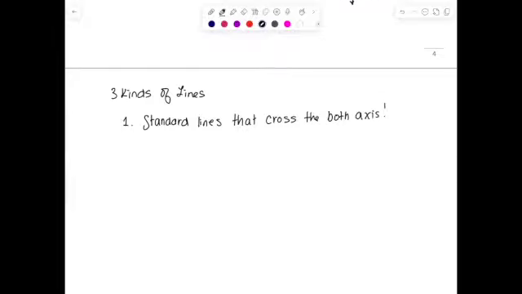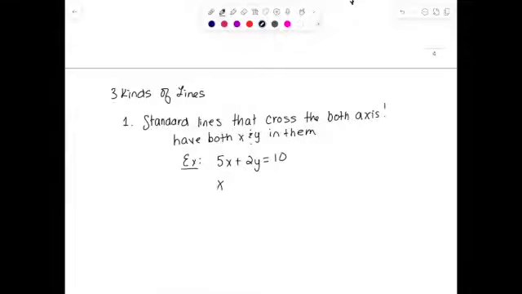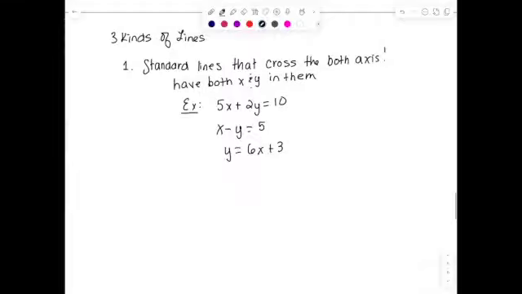And we can have both x and y in them. Examples: 5x plus 2y equals 10, x minus y equals 5, y equals 6x plus 3, stuff like this. Those are the examples we have.